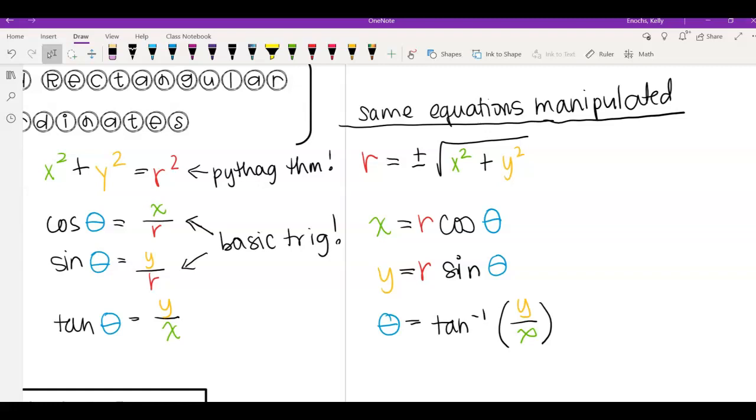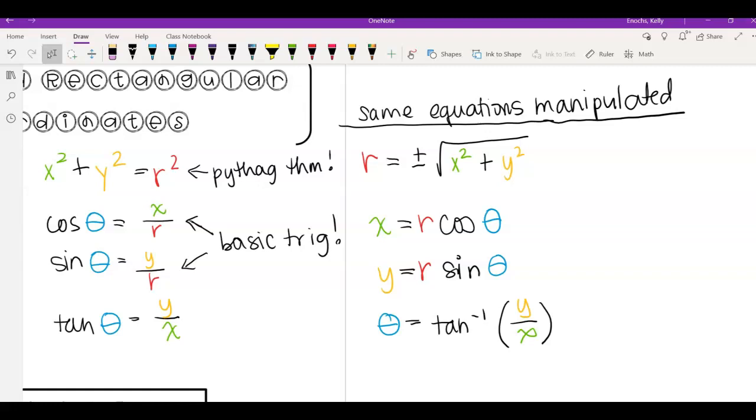And then finally, at the bottom, to get theta by itself, we took the inverse tangent of y over x. Now remember, inverse tangent is going to give us one value, but we can come up with multiple values based on the fact that it's a periodic function. So if you add the period to your answer when we do this inverse tangent, you're going to be able to get another set of angle measurements that we will use in our problems.